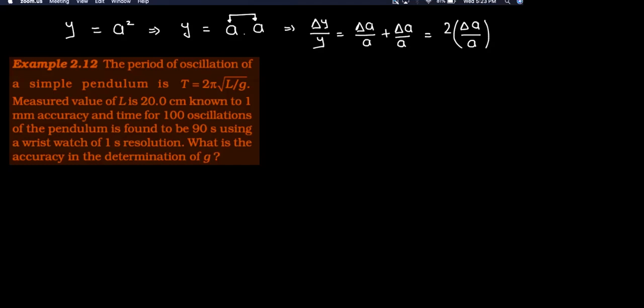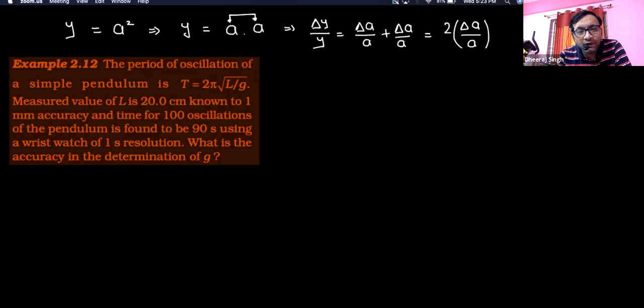What does 1 second resolution mean? It means the least count error is 1 second. The minimum reading that the instrument can have is 1 second. So you can say the error in measuring with the instrument has a least count of 1 second.